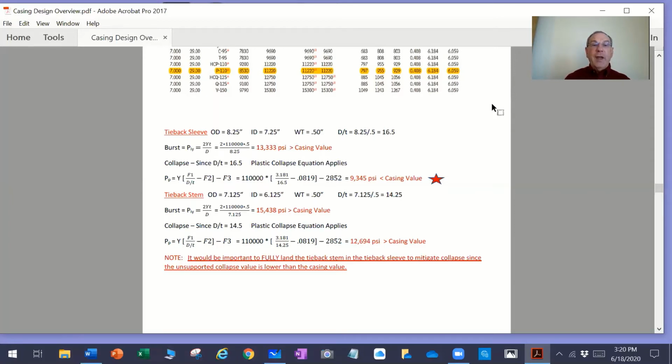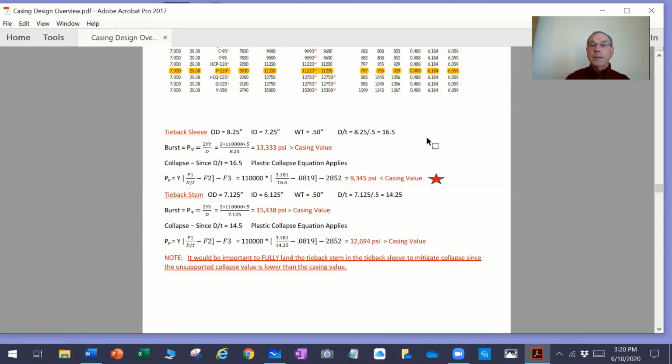The collapse value, since it has a D over T ratio of 16.5, which we calculated here, means we need to use the plastic collapse equation. So if we plug into the plastic yield equation, this is the equation that applies here, F1, F2, F3. We put those values in, and we get a value of 9,345 PSI as a collapse.